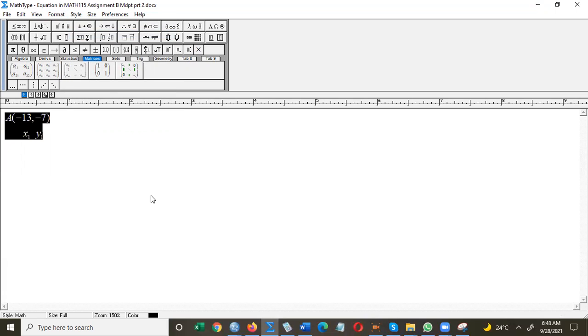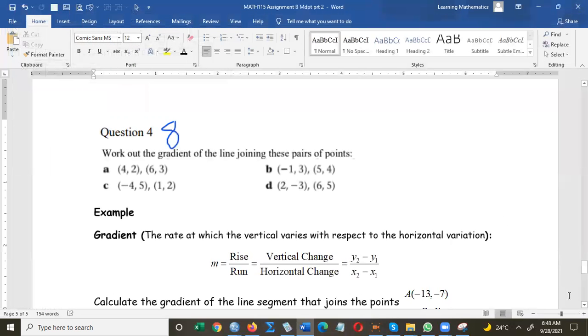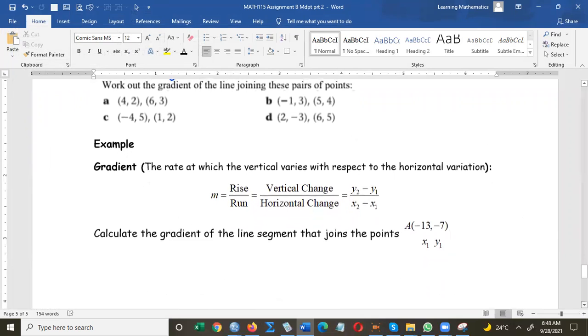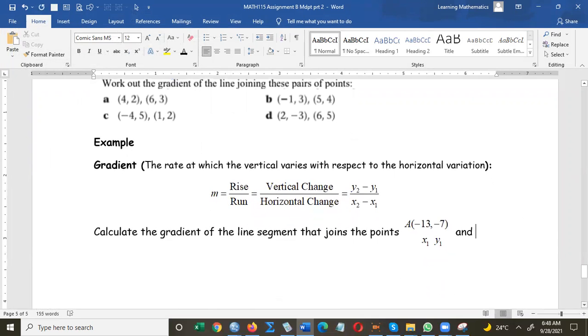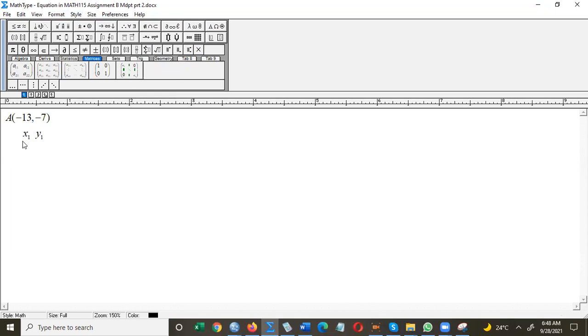All right, so let's just copy this. You have the points A and B. B now will be, for example, let us say negative 9, and let's say 15.